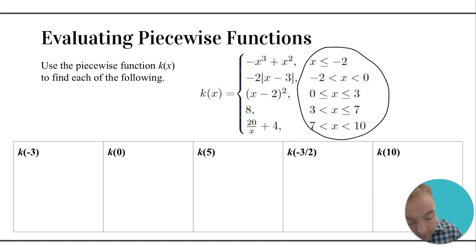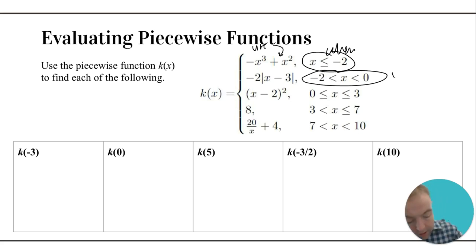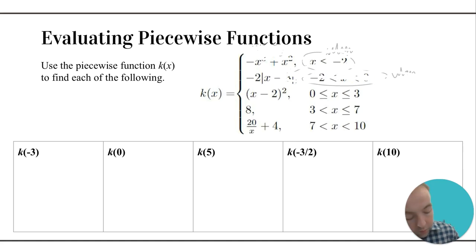So it's saying that, for example, when x is less than or equal to -2, then you're going to use this rule to map to your y values. But when x is between -2 and 0, then you would use this rule to map to your y values. So you're not using all of the different rules for every single x value. You can only use one rule given the specific domain restrictions that we have.